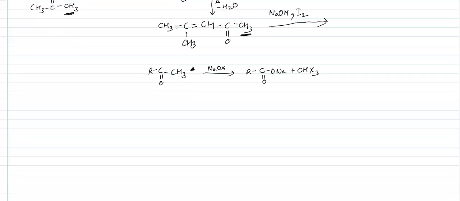So this is the iodoform test. When we substitute this molecule in this equation, you would get one of the products as CH3, C, CH3, double bond, CH, COONa plus CHI3. So with that, we're done with this particular paper.